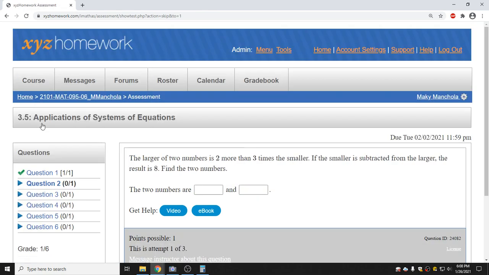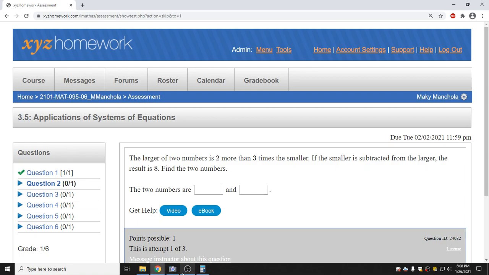Okay, another example. The larger of two numbers is 2 more than 3 times the smaller. If the smaller is subtracted from the larger, the result is 8. Find the two numbers. So this is a similar question to number 1.